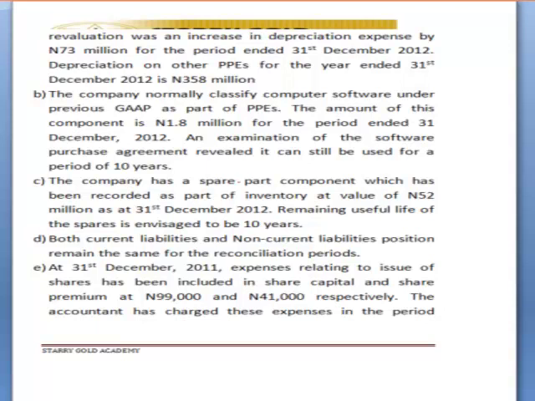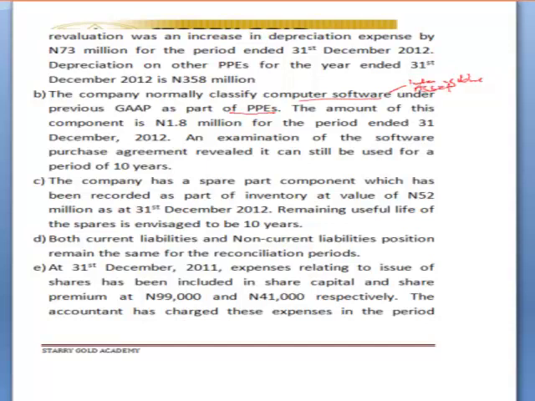An examination of the software purchase agreement review shows it can still be used for a period of 10 years. Now if you look at the computer software under previous GAAP, the issue is that he has classified this as part of PPE, and this should have been what? Intangible assets.